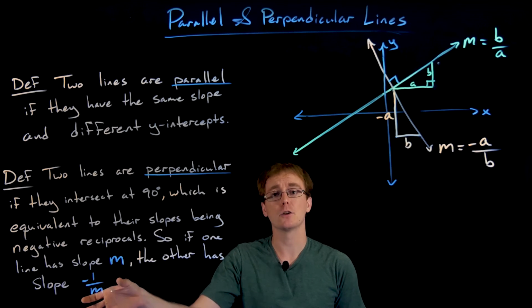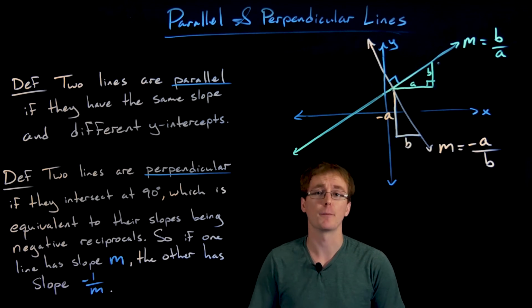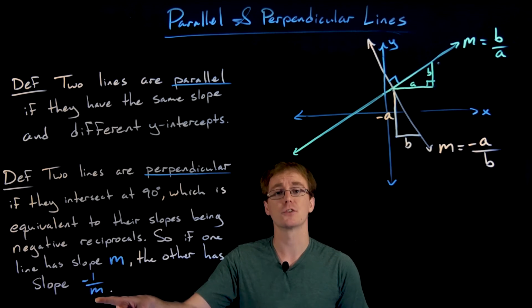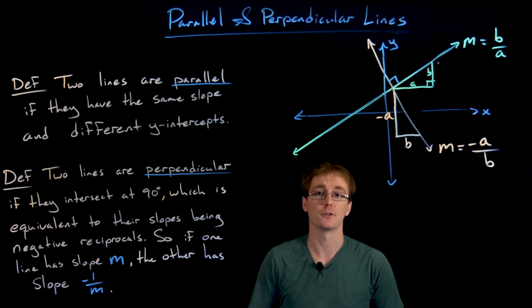But now when we're doing the algebra of finding the equations of these perpendicular lines, this fact about their slopes is going to be super important and helpful. If we know the slope of one of the lines, then we also know the slope of any perpendicular line. Just take the negative reciprocal of that first slope.